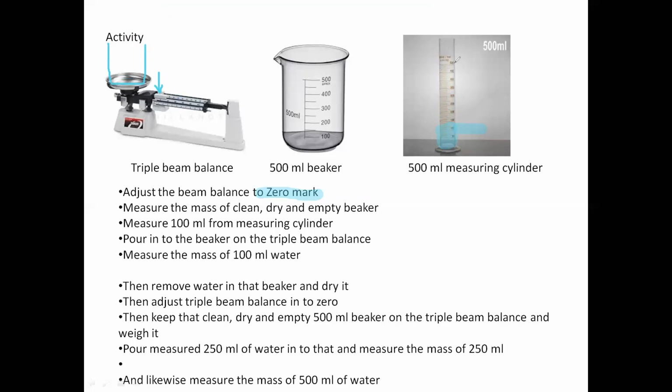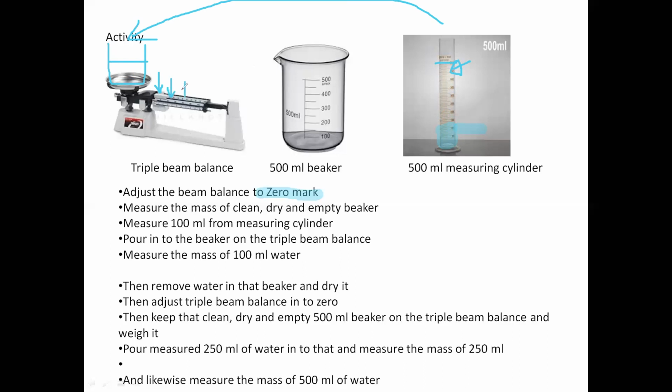And then you have to measure 500 milliliters of water from a measuring cylinder and pour it into this beaker. Then what you have to do? You have to measure. This is the measurement of the empty beaker.